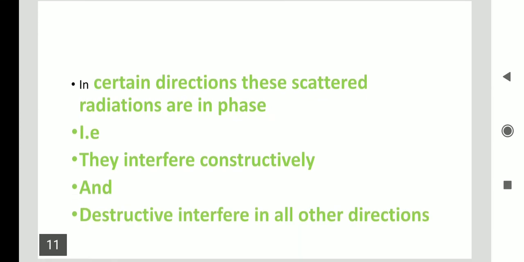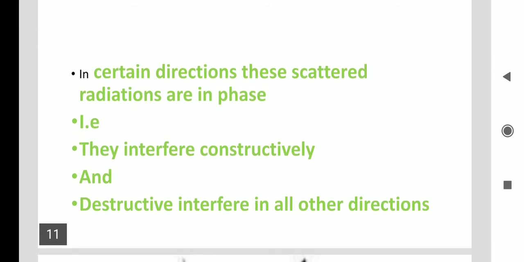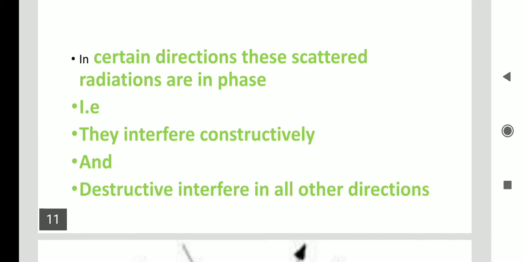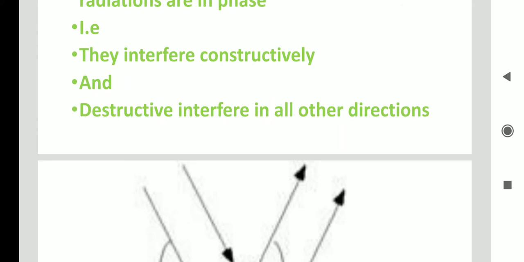In certain directions, these scattered radiations are in phase. Whenever they are in phase, they interfere constructively, and the rest, which are out of phase, interfere destructively.